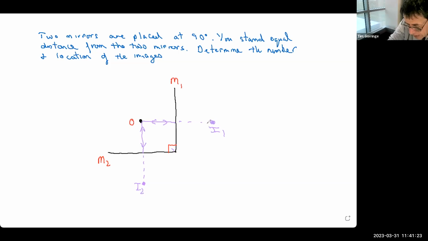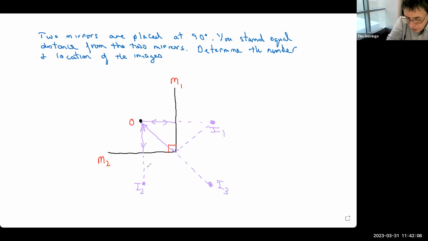In this case, the light appears to come from image number 1, strikes the bottom right-hand corner of mirror number 2, undergoes reflection, where the angle of reflection equals the angle of incidence, and travels up to the observer, to you or I. We see an image that is the same distance behind the mirror as the object was behind the mirror. We just extrapolate it straight back, and that image is located over here. I'm going to call that I3.